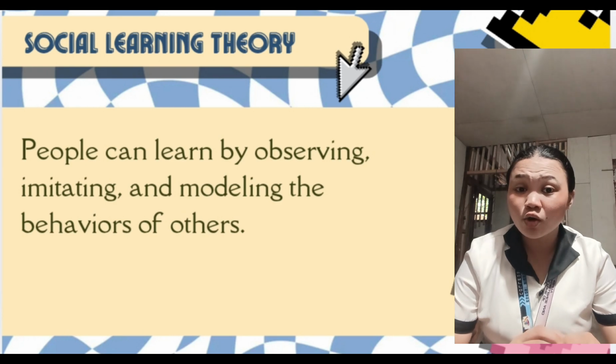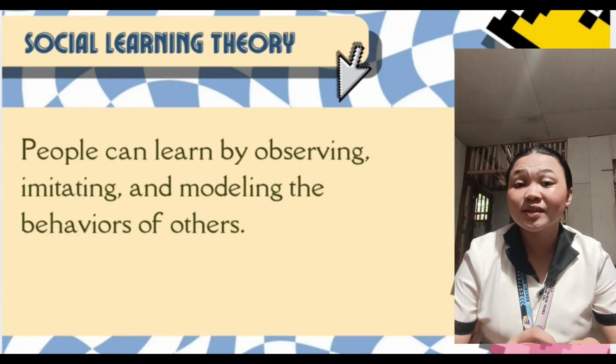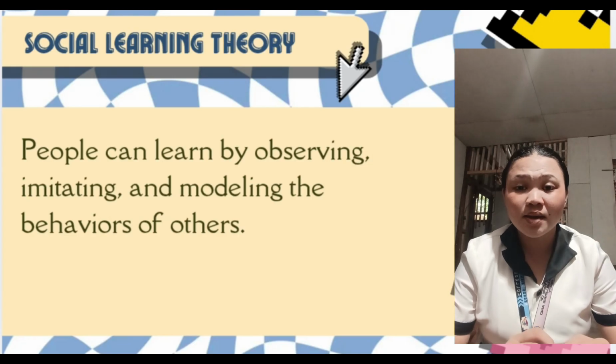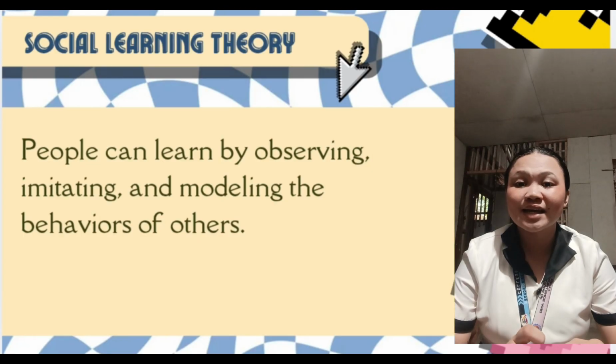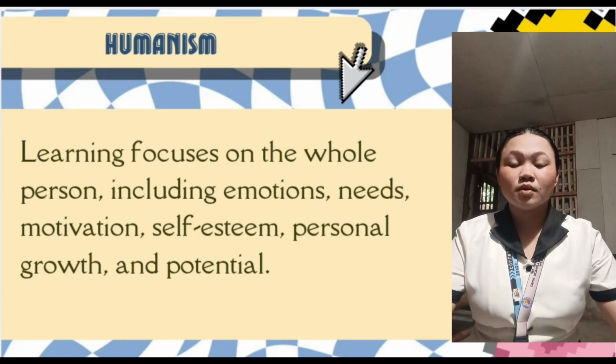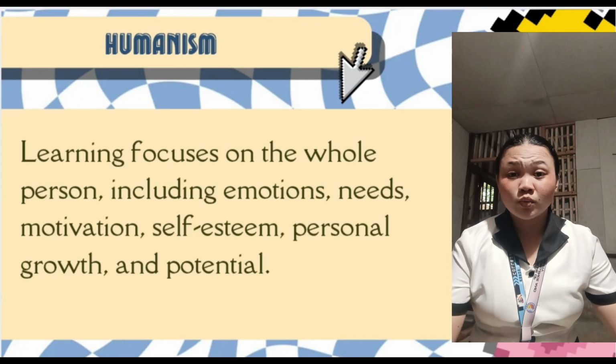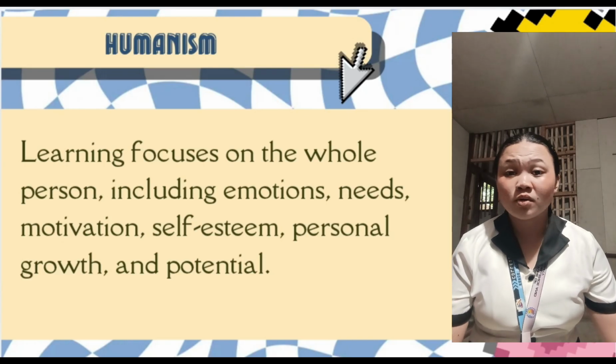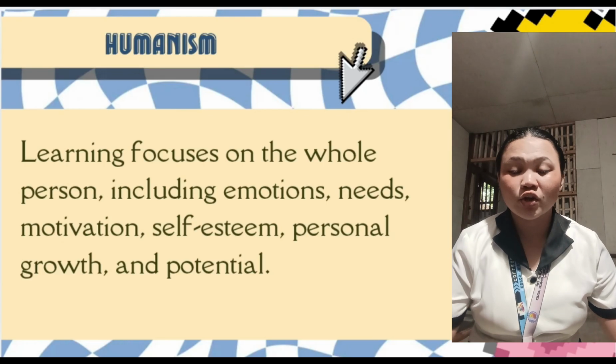This theory also considers motivation and the interaction between the individual, behavior, and the environment. In teaching, this means that teachers can influence students not only through what they teach, but also through the behavior they demonstrate.